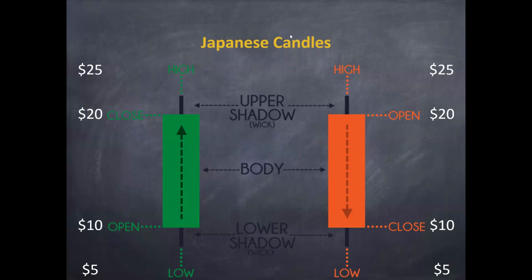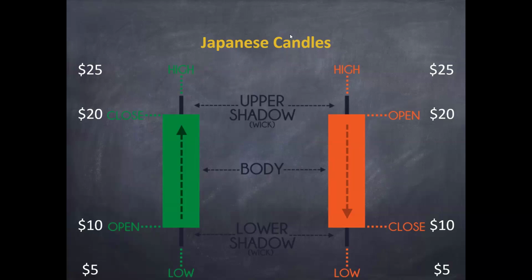Notice the prices never changed. We put the prices on the paper when the paper was blank, so we never changed the prices. The only difference between a bullish candle on the left and a bearish candle on the right, because the colors are relative, is that the open and the close are reversed.